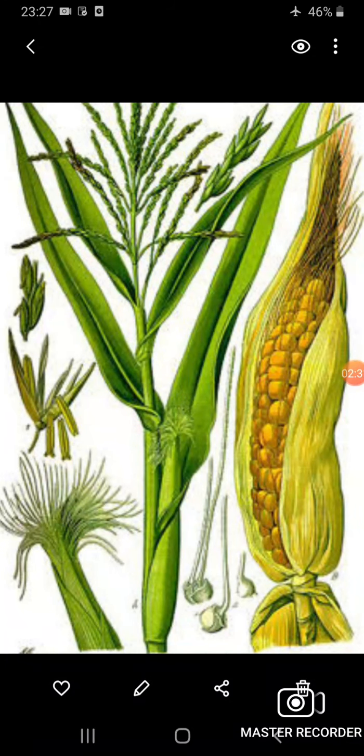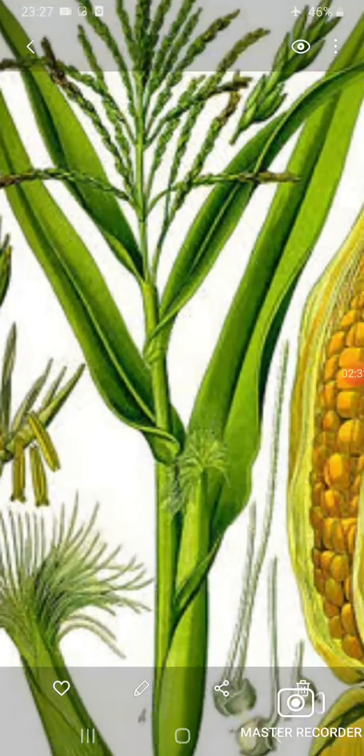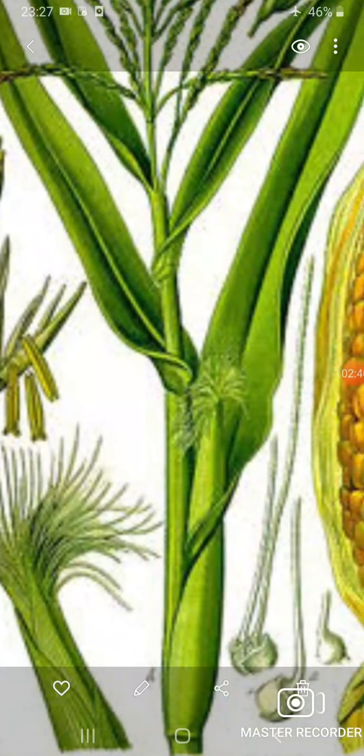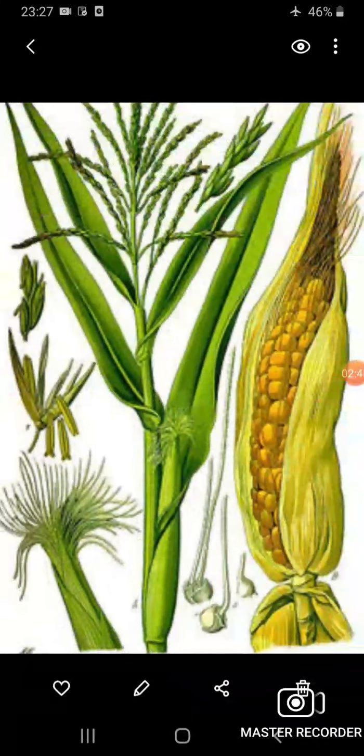So in this picture we can see both male flowers at the tip and female flowers or the female inflorescence which is in the axil of leaf. So monoecious plant producing both male and female flowers on the same plant.